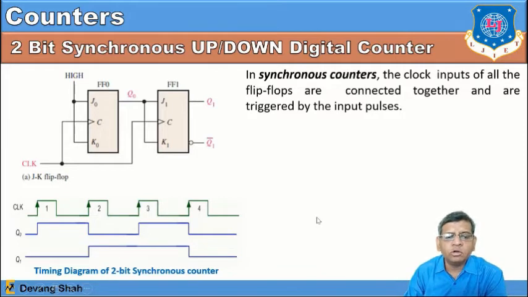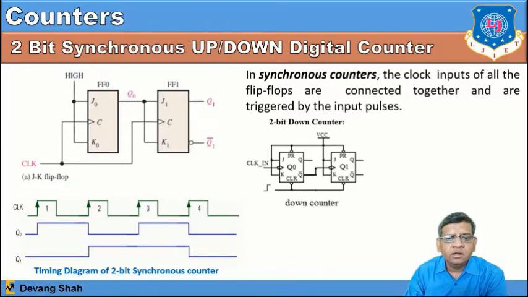Over 4 clock cycles, you can see a down counter as well as an up counter within the same diagram. With the clock signal, in one case it is positive, and in another case it is negative, so you can realize both kinds of up and down counters. You can observe the waveforms of Q0 and Q1 likewise.